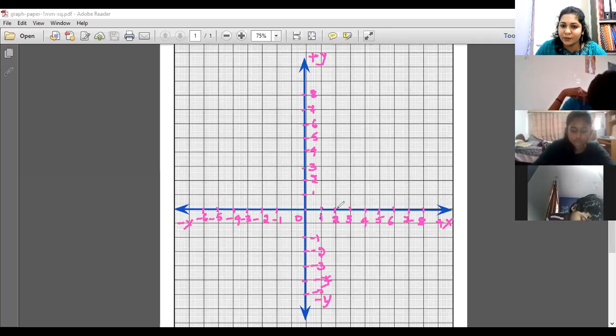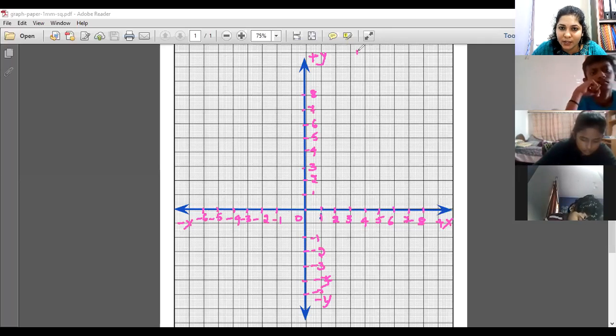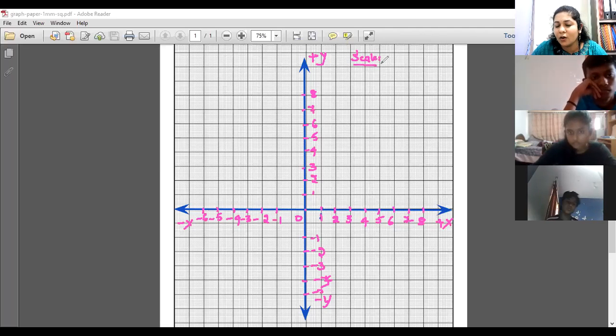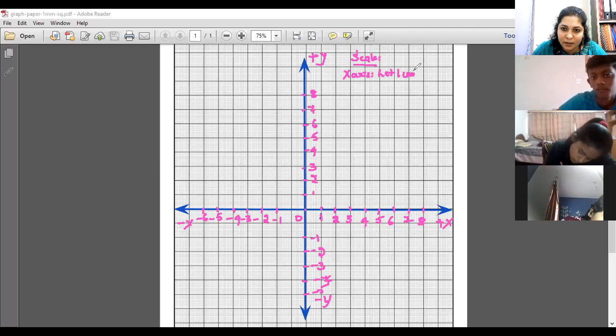Now, just by observing, you can see how I have chosen the scale. The scale is a very important thing which you have to make a note of, in the right top corner of the graph sheet. I have chosen the scale such that on the x-axis, let 1 unit be equal to 1 centimeter. 1 unit means to say what? 1 block.